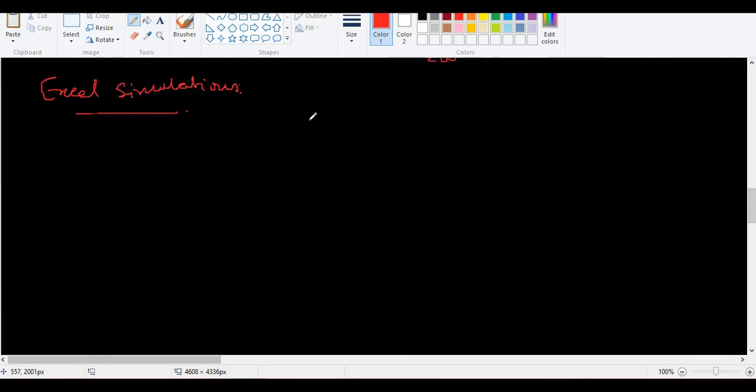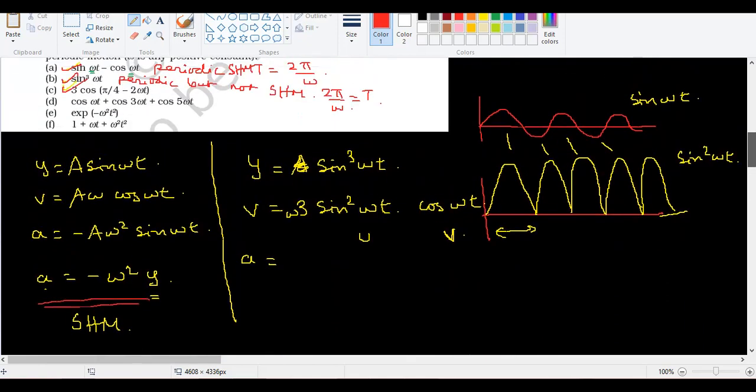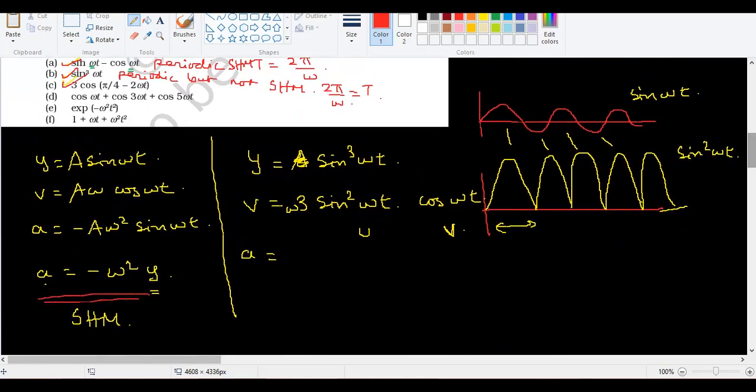And then you can add all these 3 things. So when you add it, you will see the curve. Depending upon how the curve looks, I can say whether it is simple harmonic motion or not. For now, I can simply say only the mathematical method. So in the mathematical method, this will be periodic but not simple harmonic motion.